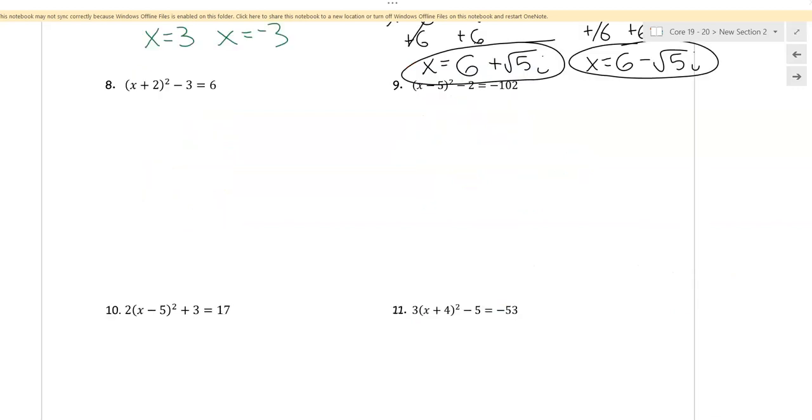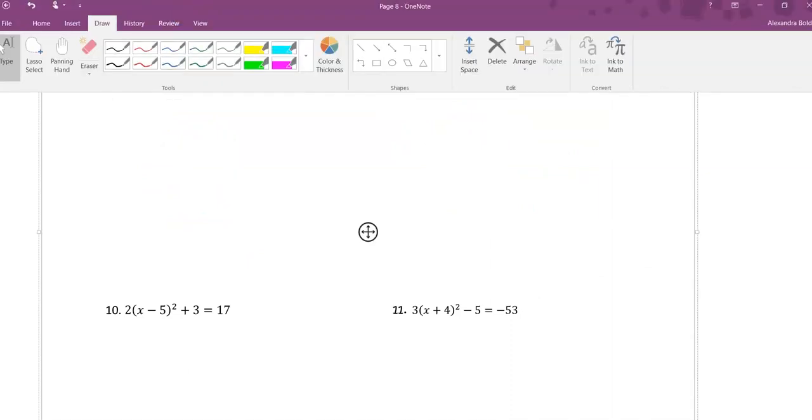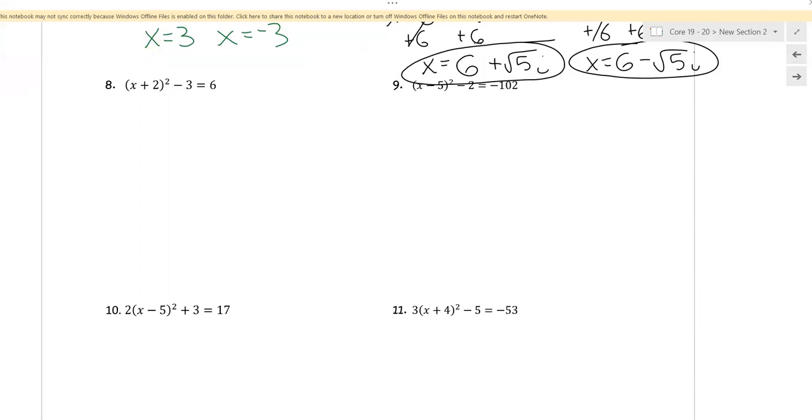All right, looking at number 8, same type of thing. I'm going to add 3 first. We want to get this by itself, right? So we have x plus 2 squared. These cancel out. 6 plus 3 is 9.